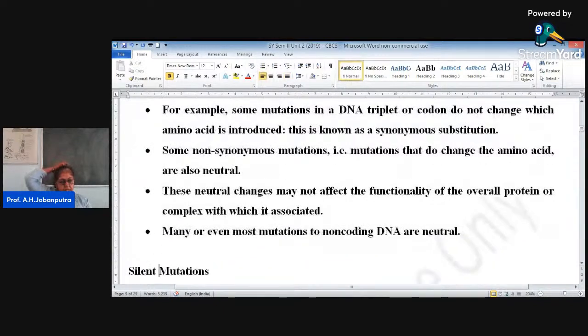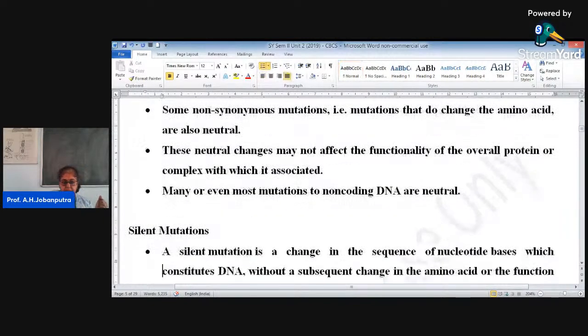Most of the mutations are neutral type of mutations. म्हणून the frequency of mutation is also very low. Mutations take place, but they may not be seen phenotypically. In that case, we say the mutations are neutral type of mutations.